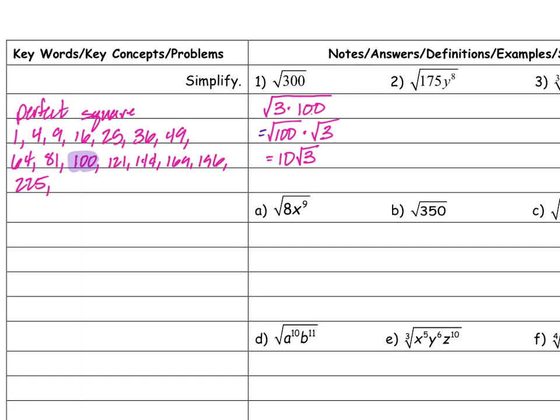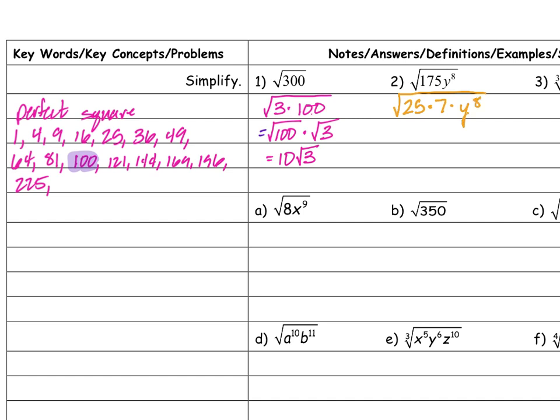So which one of my perfect squares go into 175? Well, I know a quarter does, right? 25 does. How many quarters are in $1.75? 7. Yes, good, 7.